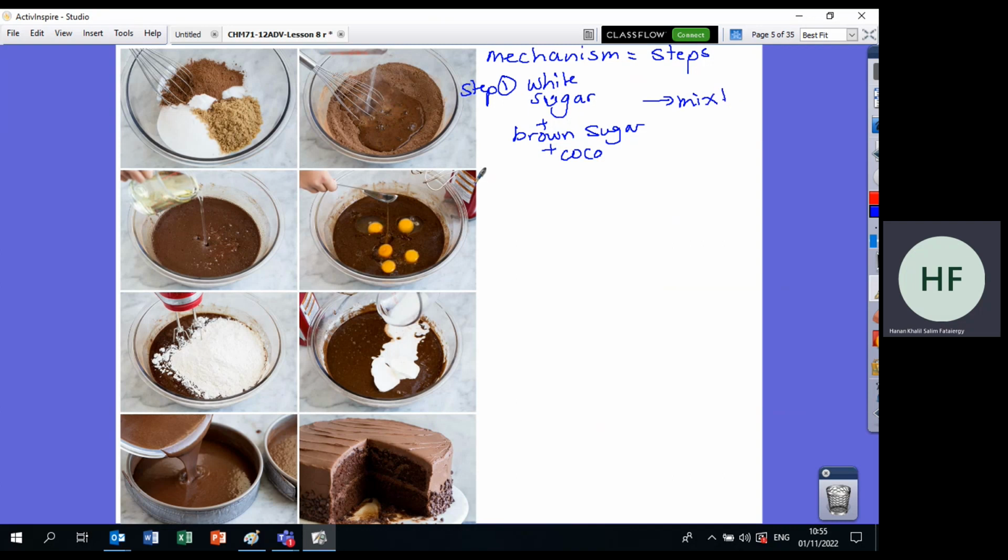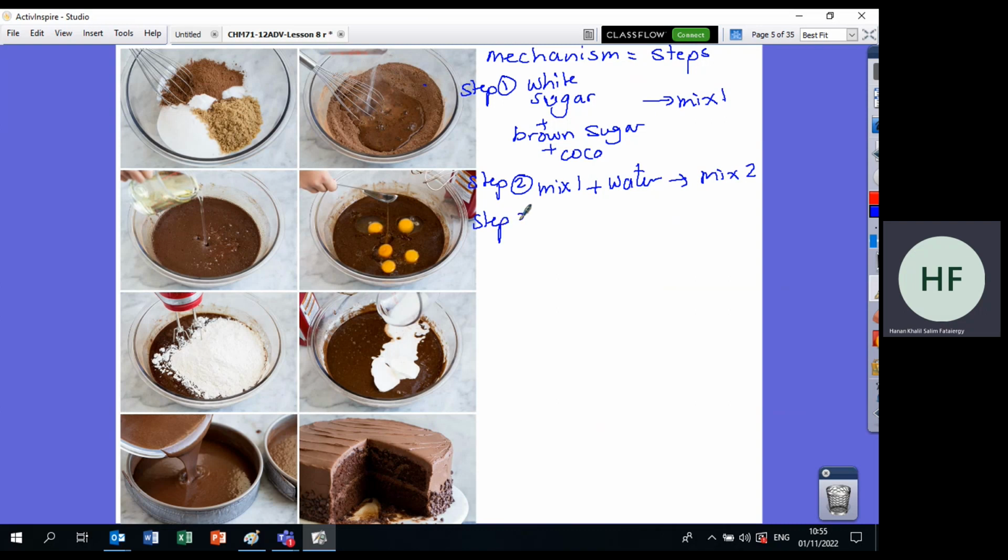Now in step 2, what will I do? I will take mixture number 1, which is this brown powder, and I will add to it water. What will I get? I will get mixture number 2, which is the water with this.